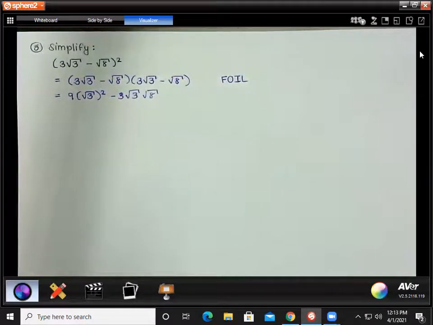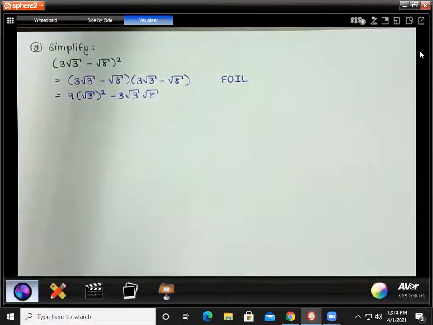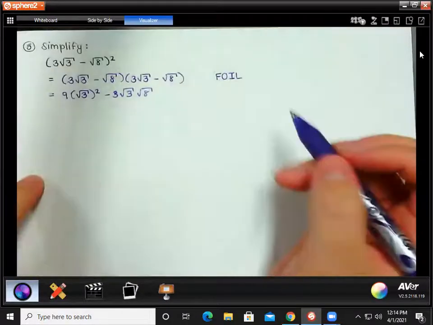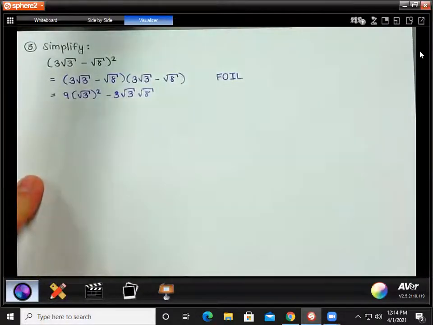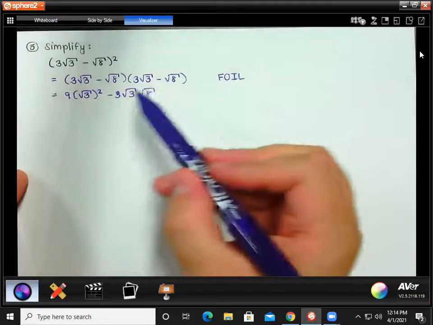Now, what was that first law? If you have the product of two surds, they have the same roots, and you're timesing them together, you can put that together as 1 surd with 3 times 8. Okay, we'll do that just now. Again, just because this is the first example, I want us to write down every single step so that if you look back at this, you're not confused about where we got the answers from.